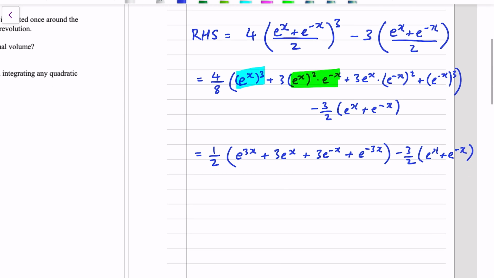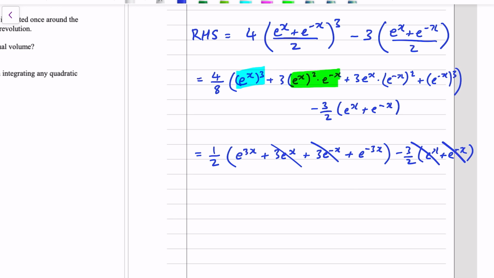Okay, now the terms we're expecting to cancel actually do. So 3e to the x divided by 2 cancels with that one. And 3e to the minus x divided by 2 cancels with that one.